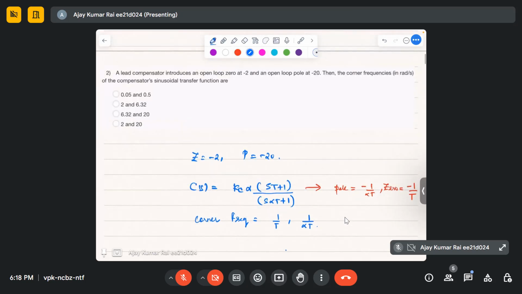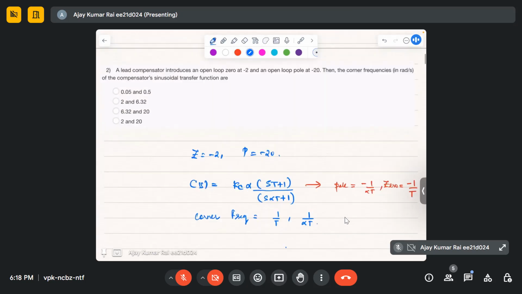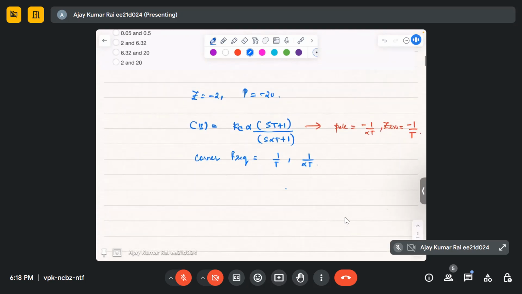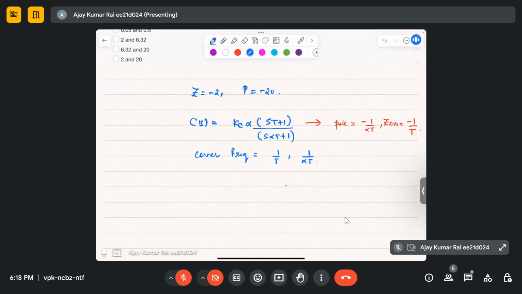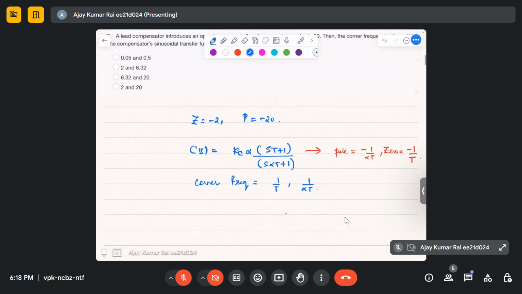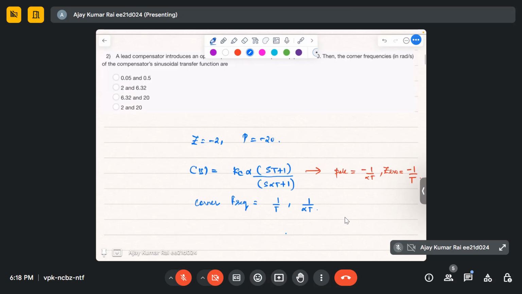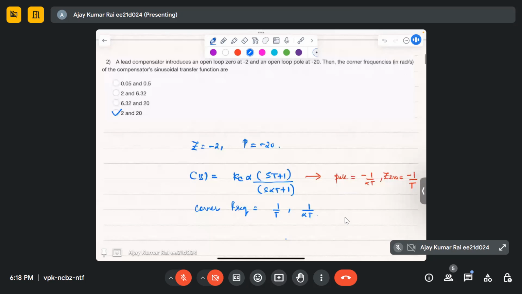So the corner frequencies are 2 and 20. The pole and zero are at negative values, and since corner frequencies are positive, you can say these are 2 and 20. Very simple question. Any doubt?